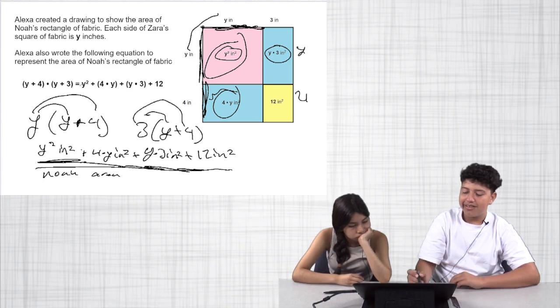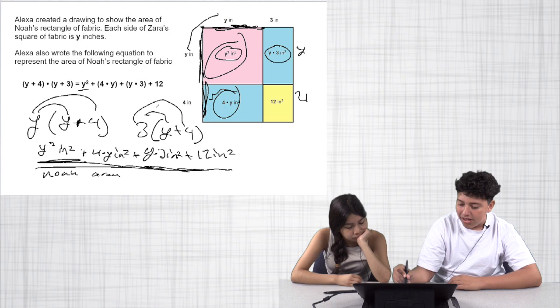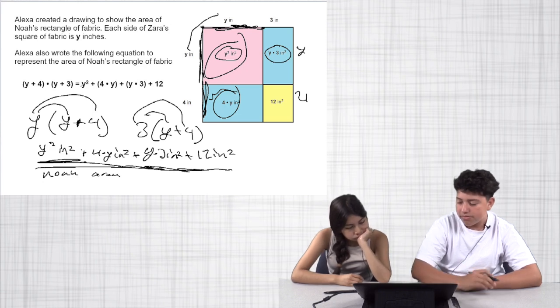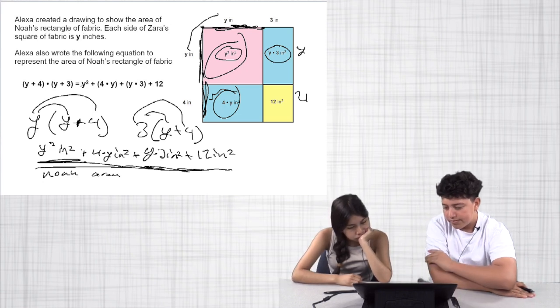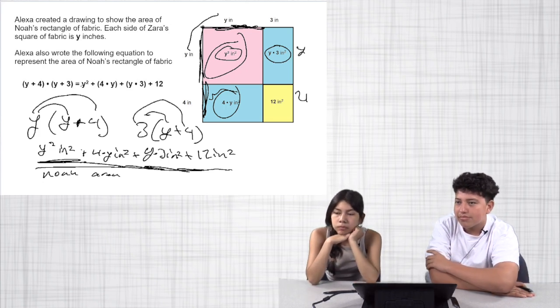Yeah. Where is it? This plus this plus this plus that. So that's pretty interesting what you figured out, that you're distributing twice.